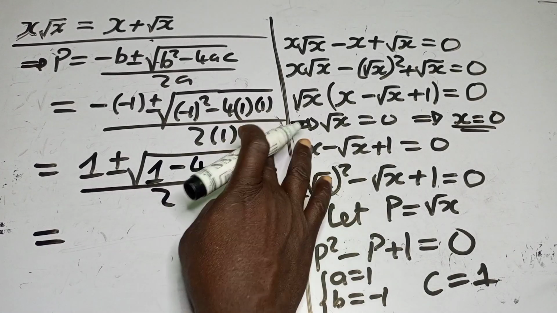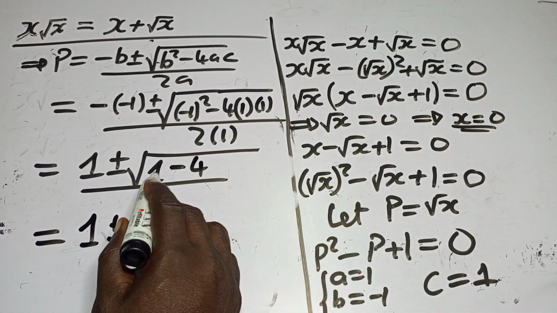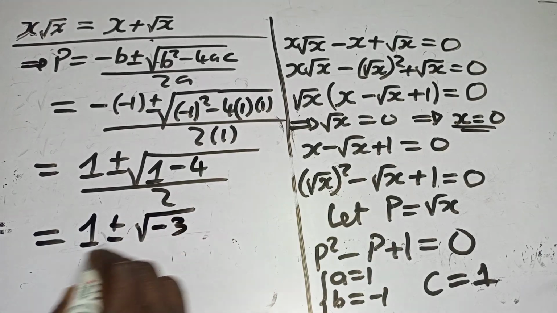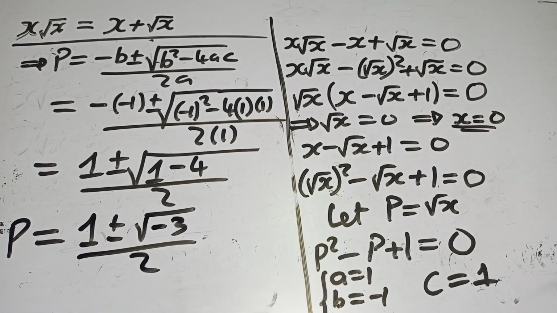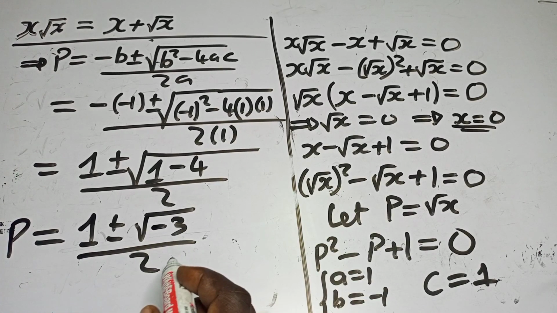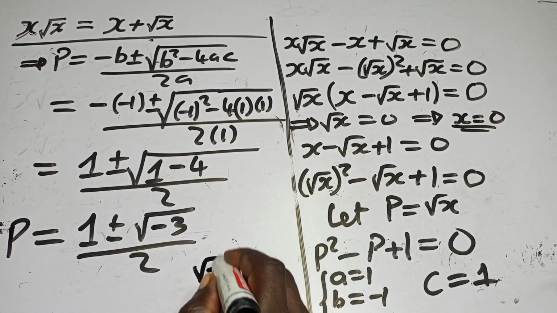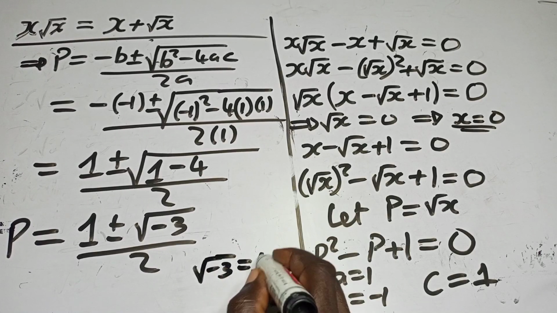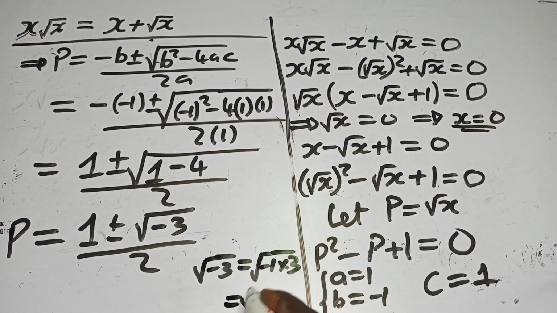This gives us 1 plus or minus the root of 1 minus 4, which is negative 3, all over 2. So these are the values of p. p equals 1 plus or minus root negative 3 all over 2. But we know that root negative 3 is root of negative 1 times 3, which is root of negative 1 times root of 3.